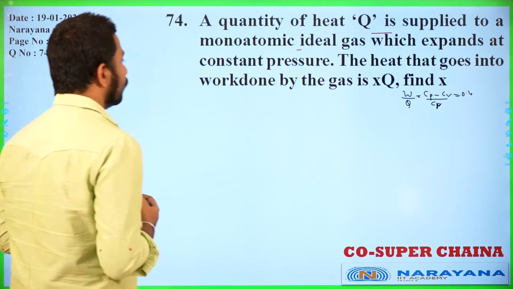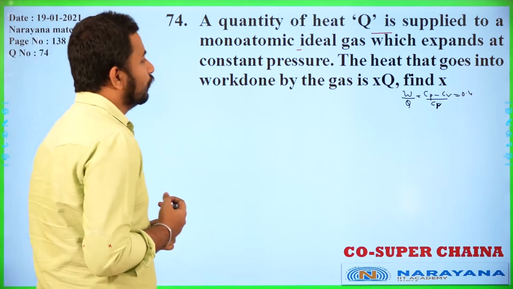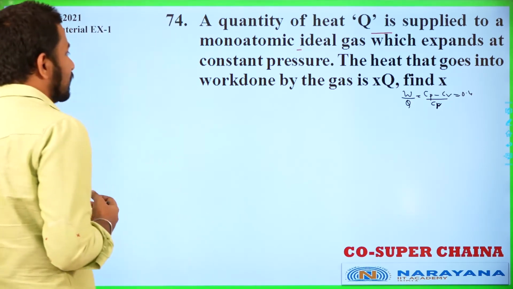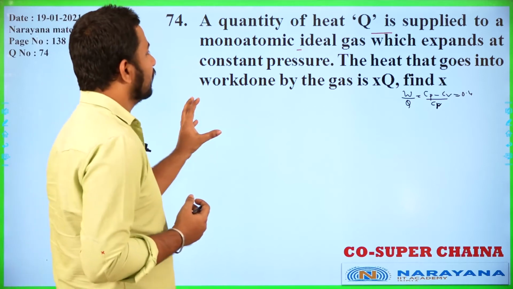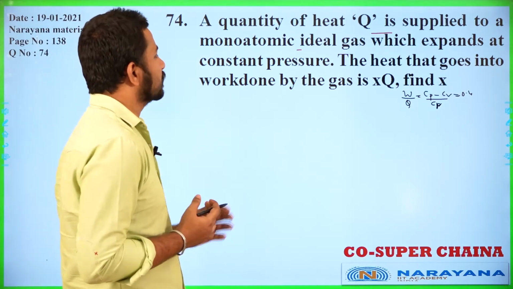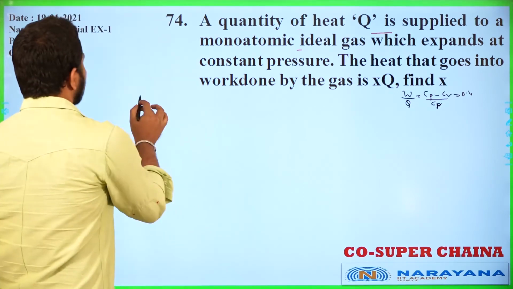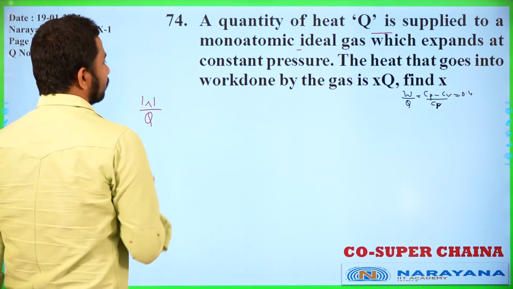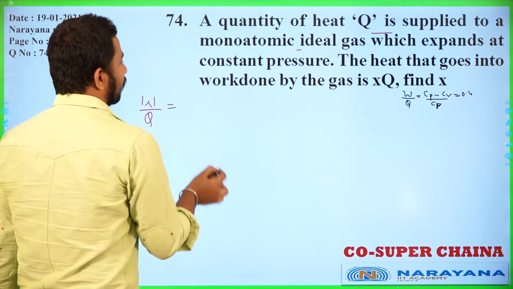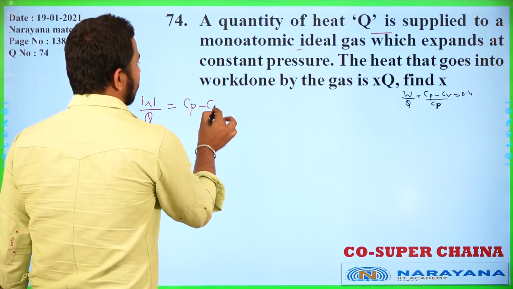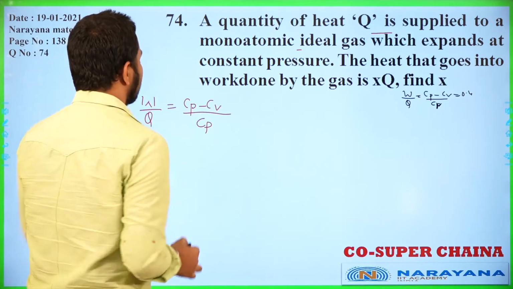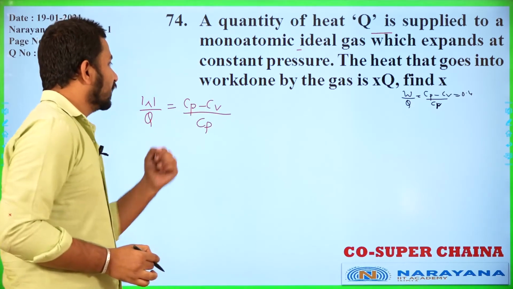So here, student, we know that for such cases, whenever the heat supplied is used to expand something, we can directly write the work done by Q value as Cp minus Cv by Cv. Yes, this is how we can write here.